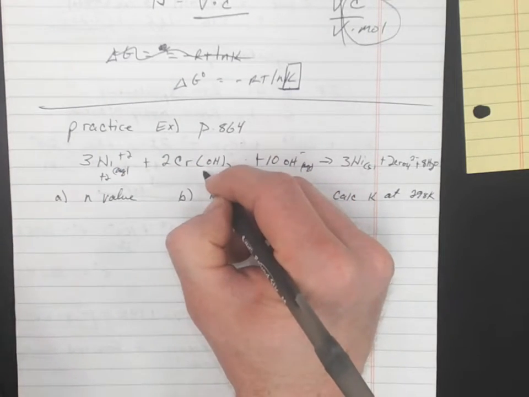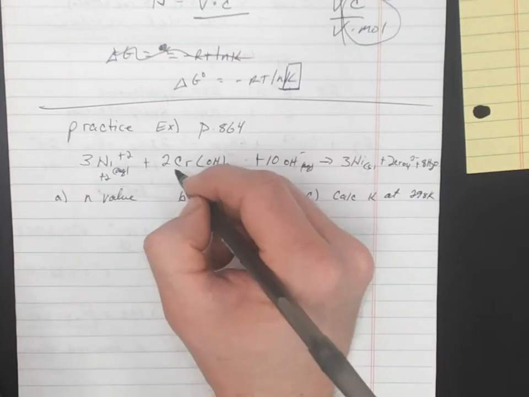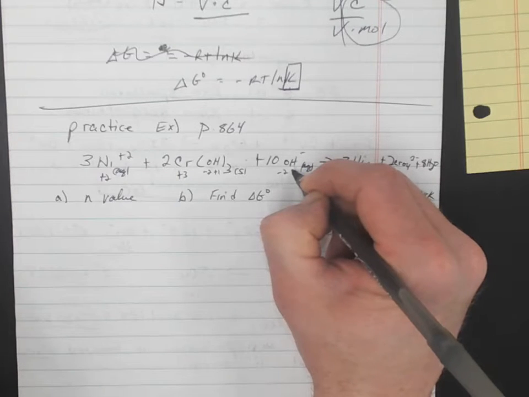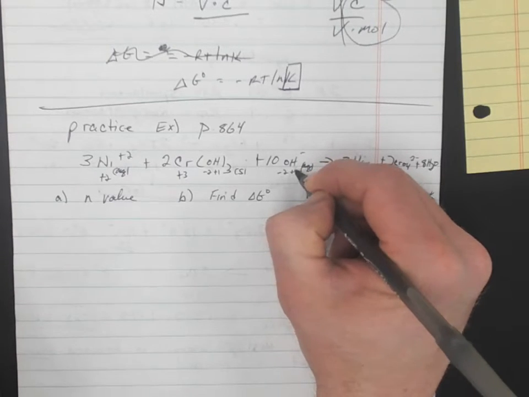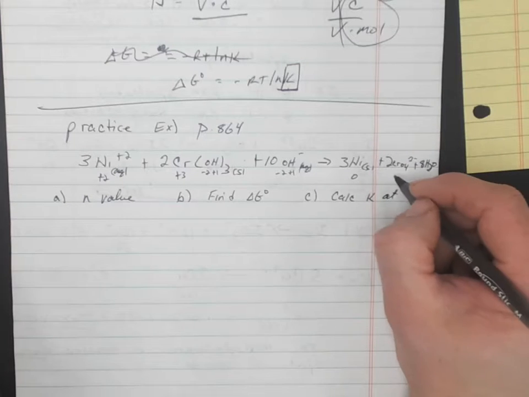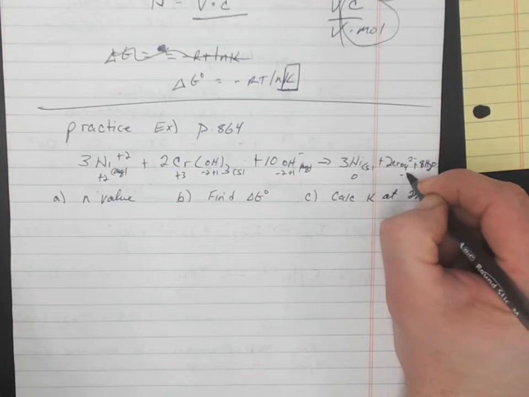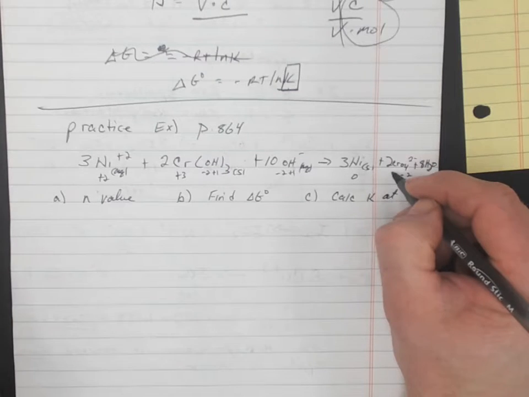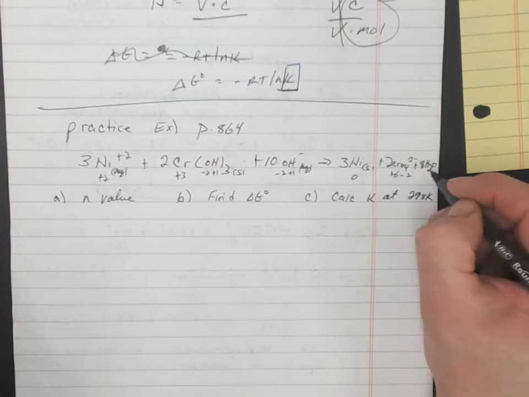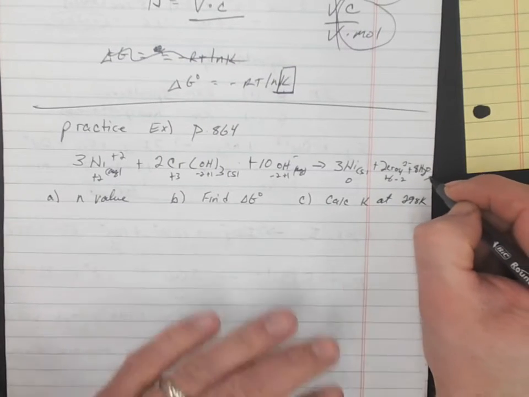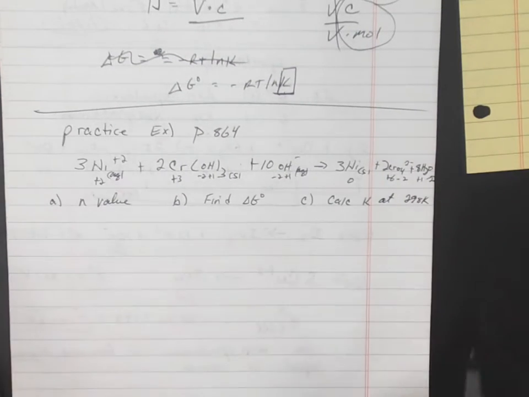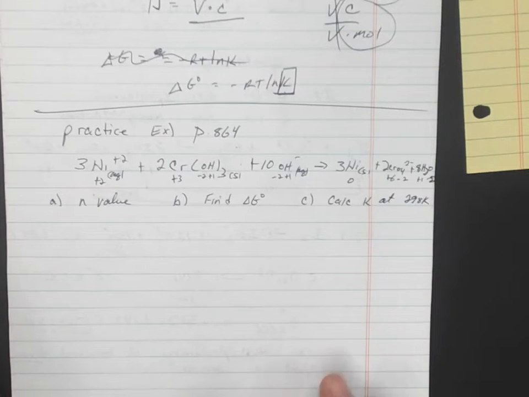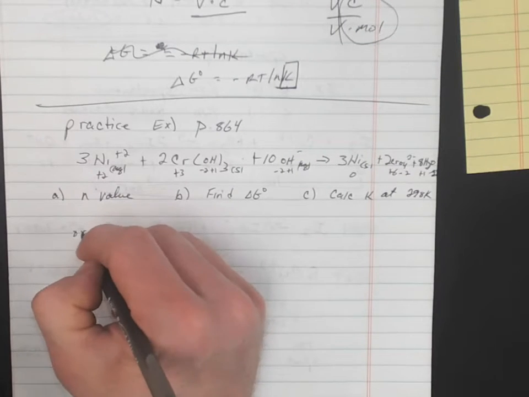Chromium will be plus 3, oxygen negative 2, and hydrogen plus 1. On the right, nickel is 0, oxygen is negative 2, and chromium will be plus 6, and hydrogen plus 1.